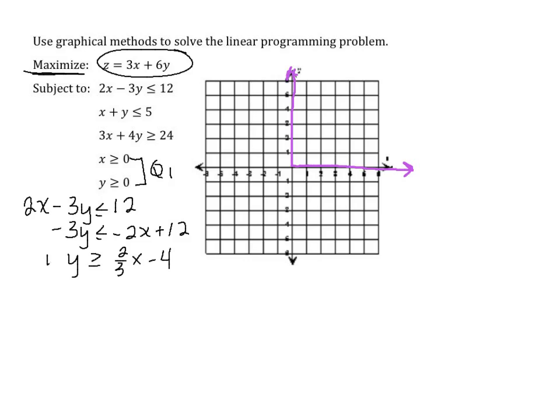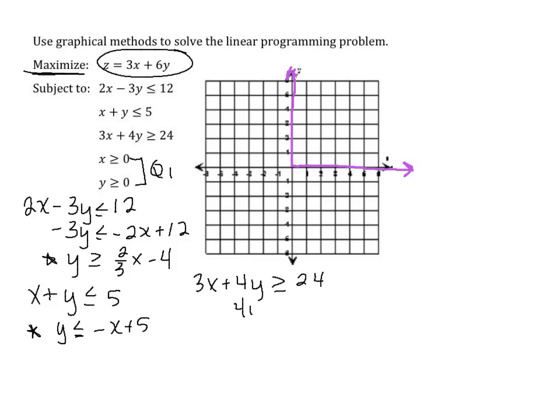So we have to graph this one. x plus y is less than or equal to 5, so y is less than or equal to negative x plus 5, so we have to graph this one. And then we have to graph 3x plus 4y is greater than or equal to 24. So 4y is greater than or equal to negative 3x plus 24. y is greater than or equal to negative 3/4 x plus 6. Again, we didn't have to change our sign because we divided by a positive number. So let's go ahead and graph all of these.